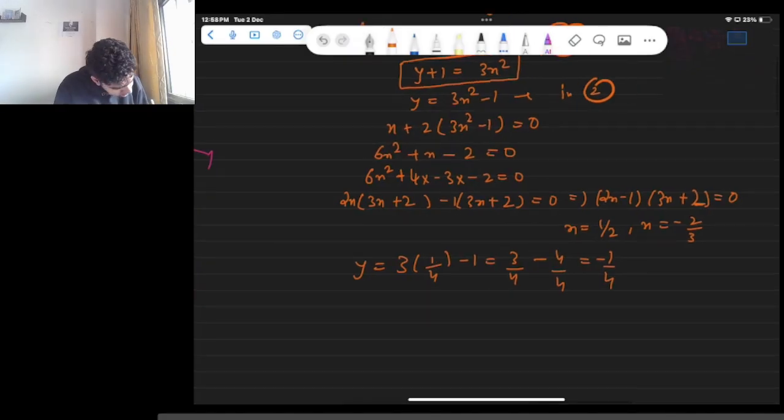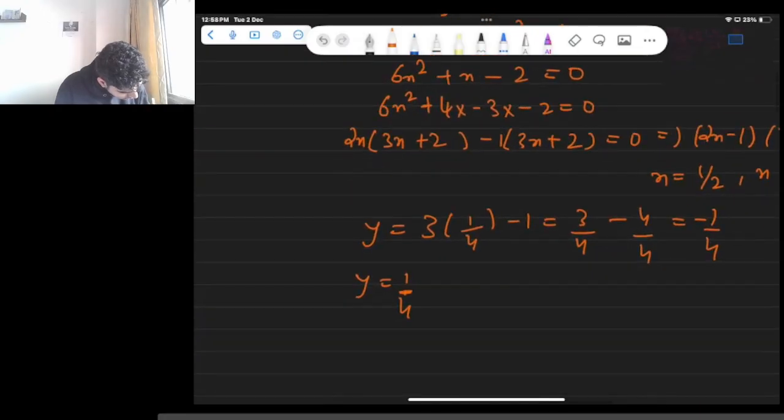Y is minus 1 by 4 when my x is equal to 1 by 2.